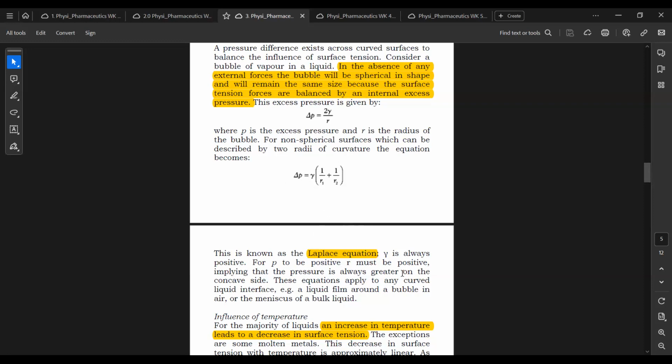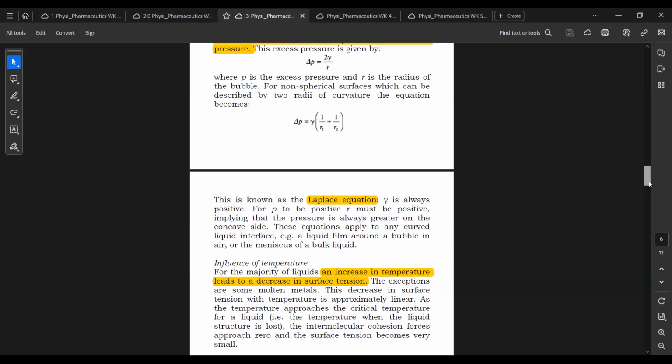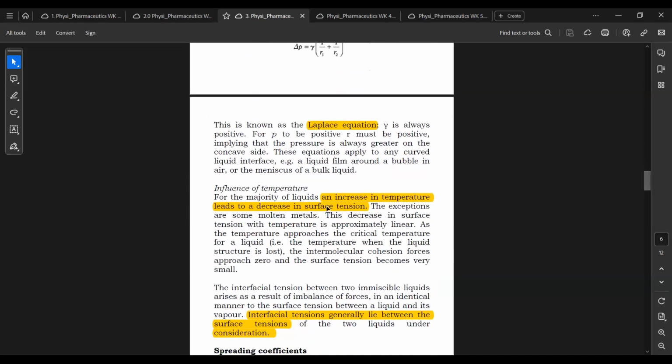This implies that pressure inside the bubble is always in excess. Then, the influence of temperature: when you increase temperature, you decrease the surface tension. That's just the basic information.